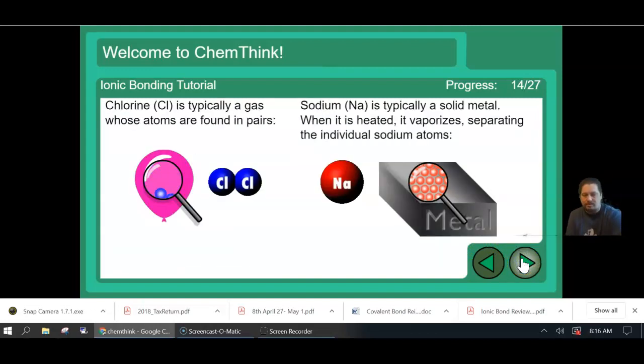Chlorine in atmospheric conditions is found in pairs, called a diatomic molecule, and is a gas. Sodium, as we've seen some videos of, comes as a solid. It's very soft. You can cut it with a knife. It reacts violently with water. Usually, it is solid.